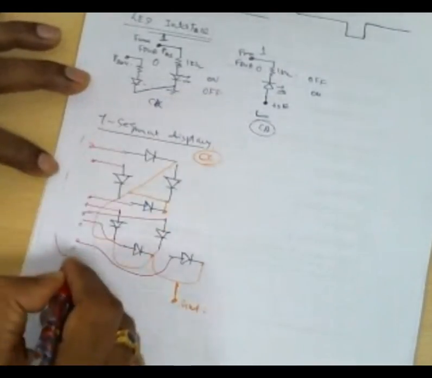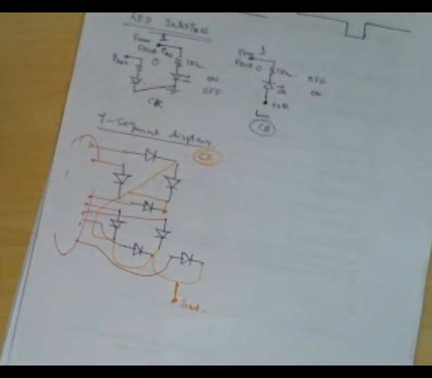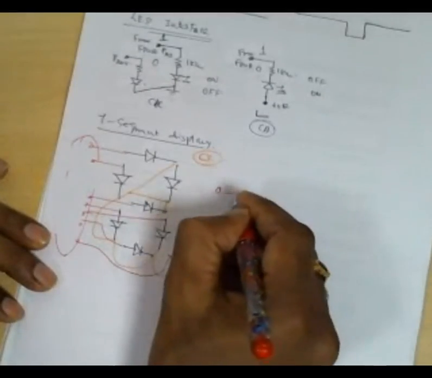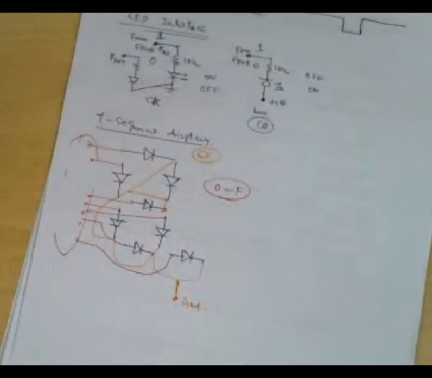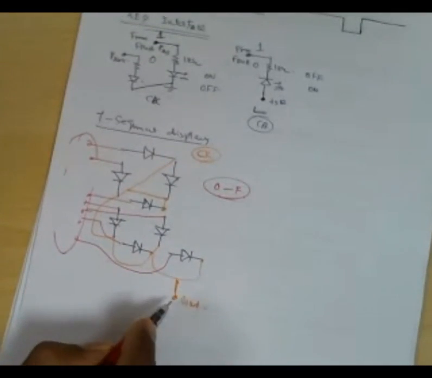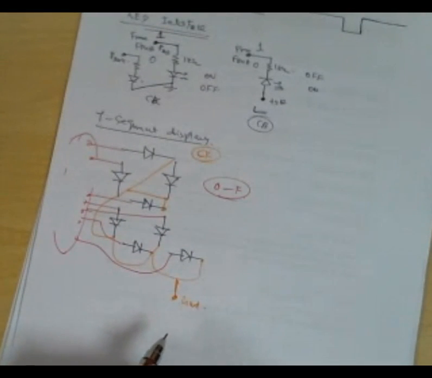By feeding the proper values, you know how to find the value to display 0, to display 1, to display 2, 3, 4. So from 0 to F you can display here. So this is what we call the common cathode. For a common cathode, what do you need to force from the FPGA to drive the 7-segment display? 1. Correct. If it is a common anode, then we have to force 0 alternatively.